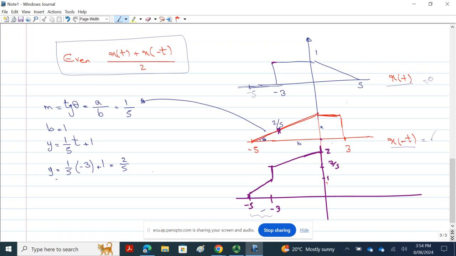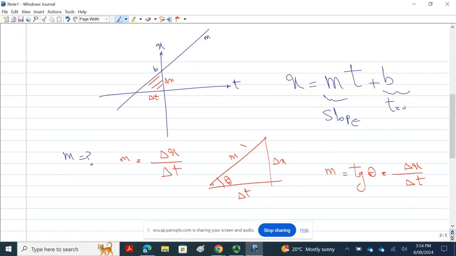So if you add those together, we should go up similar to here. But we don't know the value here. Right? We don't know the value at minus 3. We don't know how much to go up. So we need to find it. Now, this is a line. And it's similar to this line here.